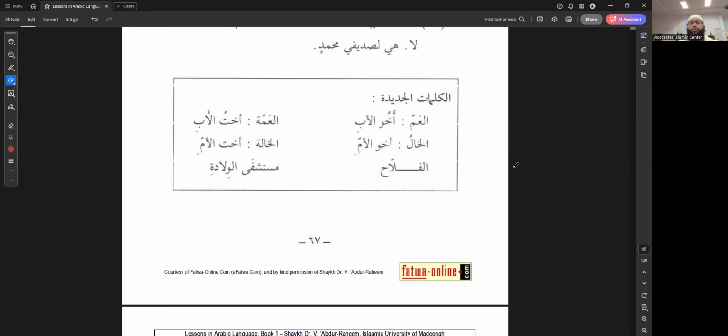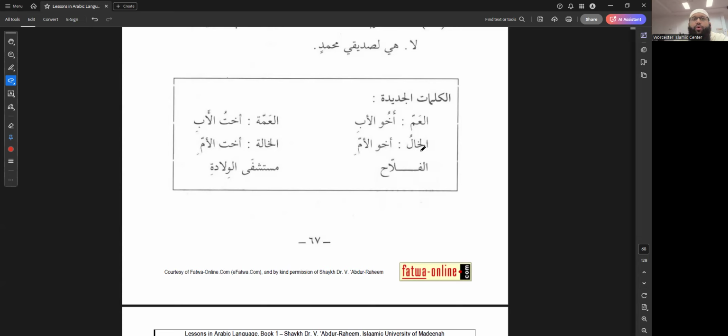Excuse me, al-kalimatul jadida, the new words. Now what they're doing here is that they're giving you words and then they're giving you the definition in Arabic. Al-ammu means akhul ab. Am, uncle, means the brother of the father. Al-ammatu, feminine, means ukhtul abi, the sister of the father.